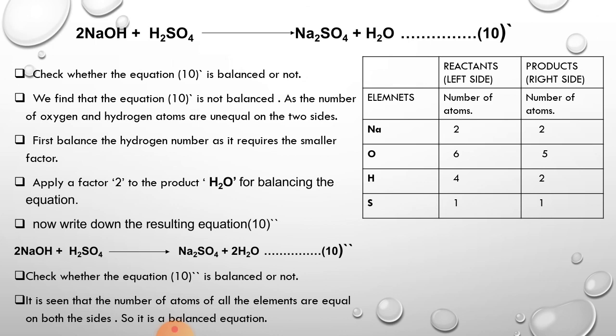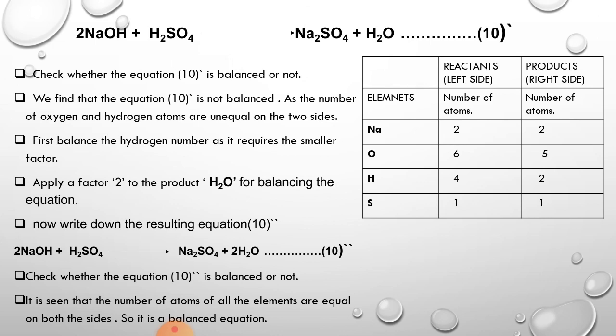Let's see. This is the reaction, 10 dash, that we have introduced. Now check whether equation 10 dash is balanced or not. On the reactant side and product side, Na is 2 and 2. O is 2 plus 4, that is 6 on the reactant side.